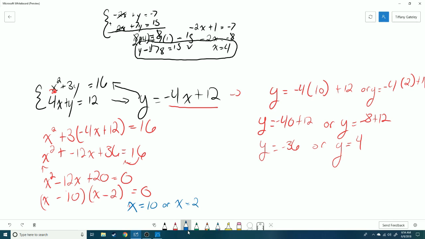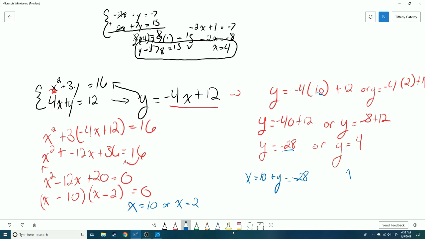So you have x equals 10 and y equals -28, because when x is 10, y equals -28.